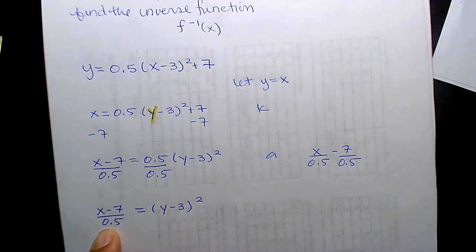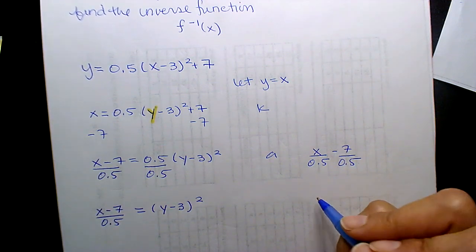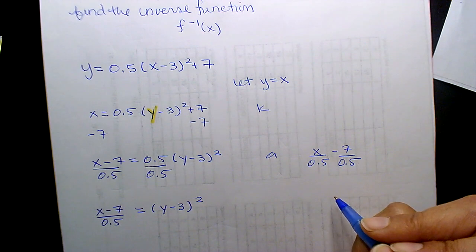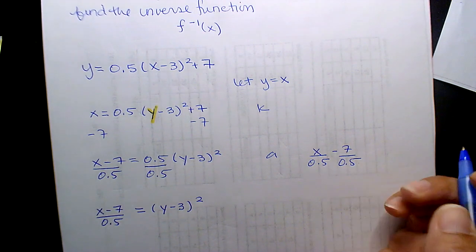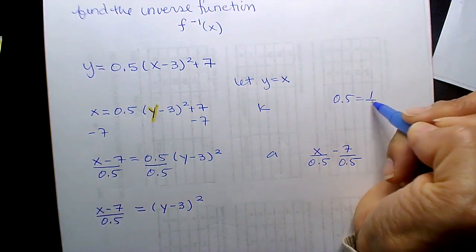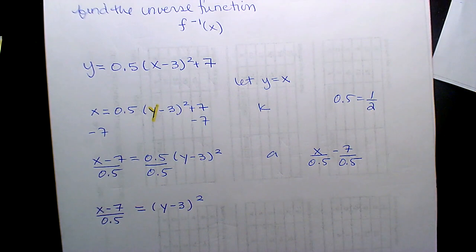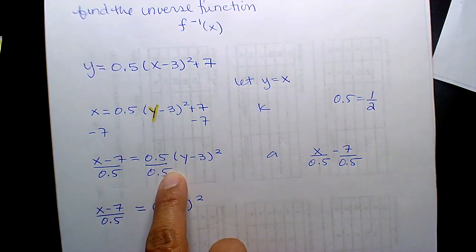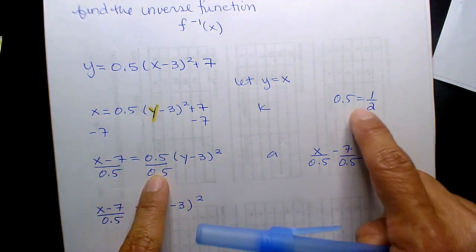Sometimes it'll break it up. So here's the deal. You guys know that 0.5 is 1/2, right? Once I'm done with it, I'll take it back and rewrite it. If you want to leave it as the 0.5, you can. But remember, this is really 1/2.